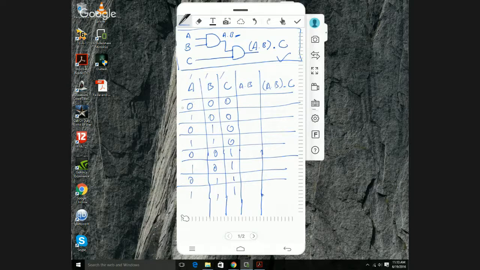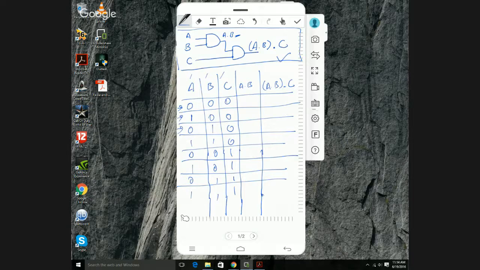Every combination is different from the other. The first combination is switching off all the buttons, A, B, C. The second combination is: let's check A is switched on, B is off, and C is off, and see what happens. Then A is off, B is on, and C is off. Let's see what happens. So this is how it goes.